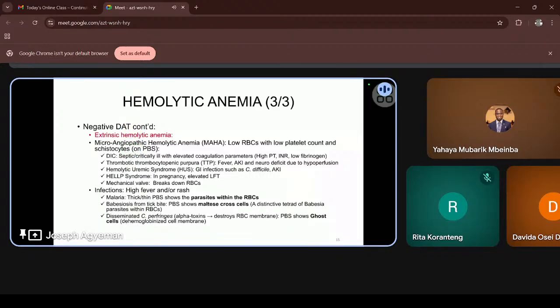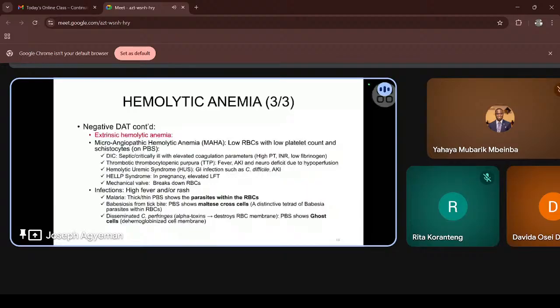So it will cause hemolysis of the red cells because the artificial valve is too strong, very hard, and it strips the intact red blood cells, breaking them down, with anemia occurring. Any of these critical issues can give rise to microangiopathic hemolytic anemias. And once it happens, you treat them accordingly.